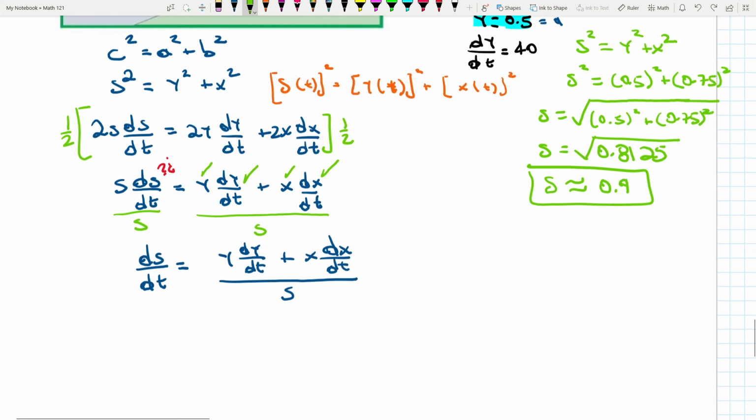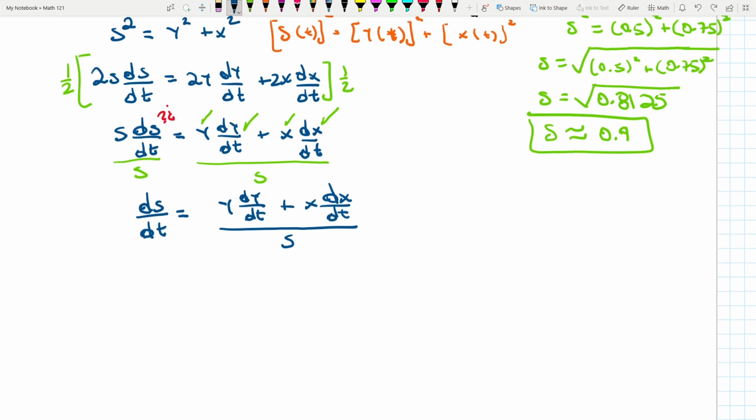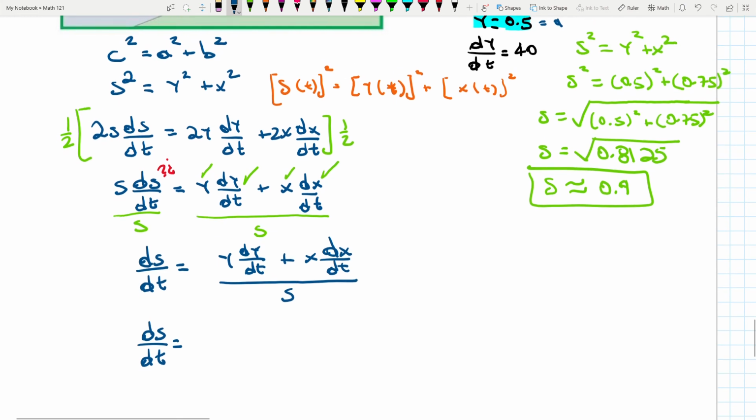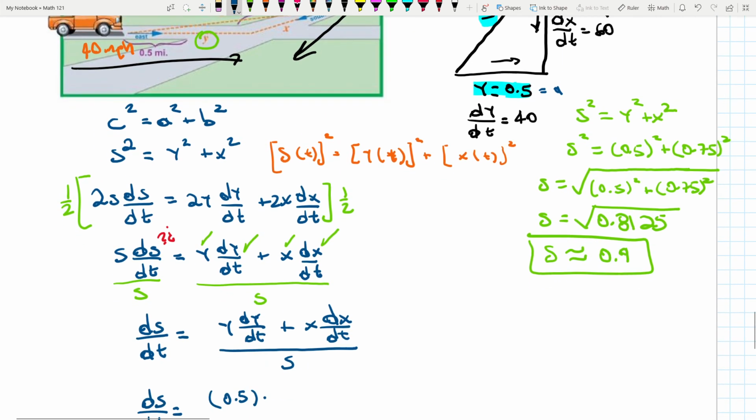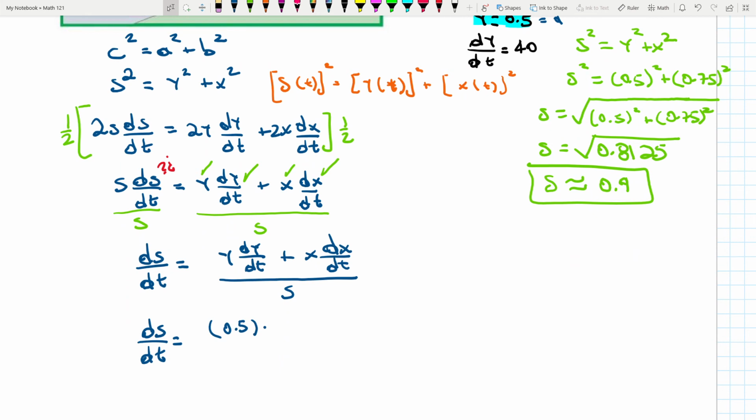well, we may go back and compute ds/dt for our values here. So ds/dt equals y, and in this case y equals 0.5, times the quantity dy/dt. Actually, let me add the units. I was almost forgetting the units.